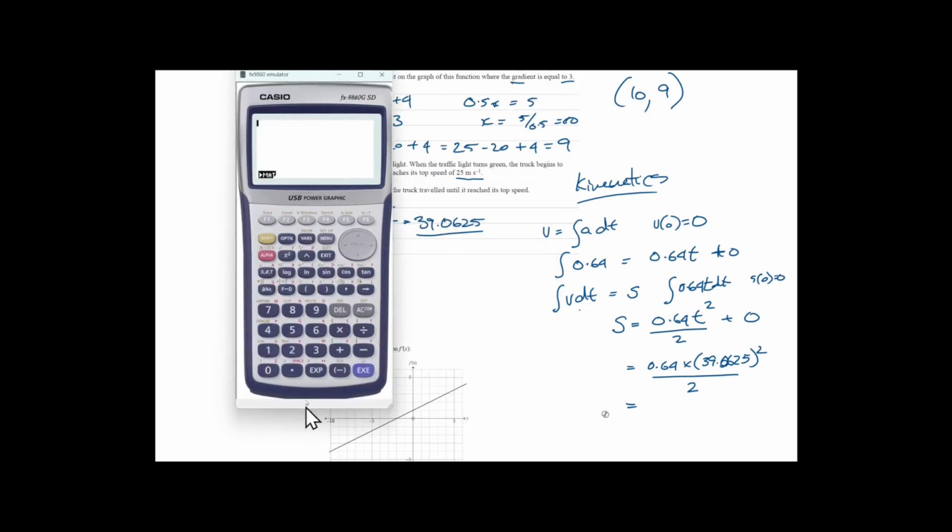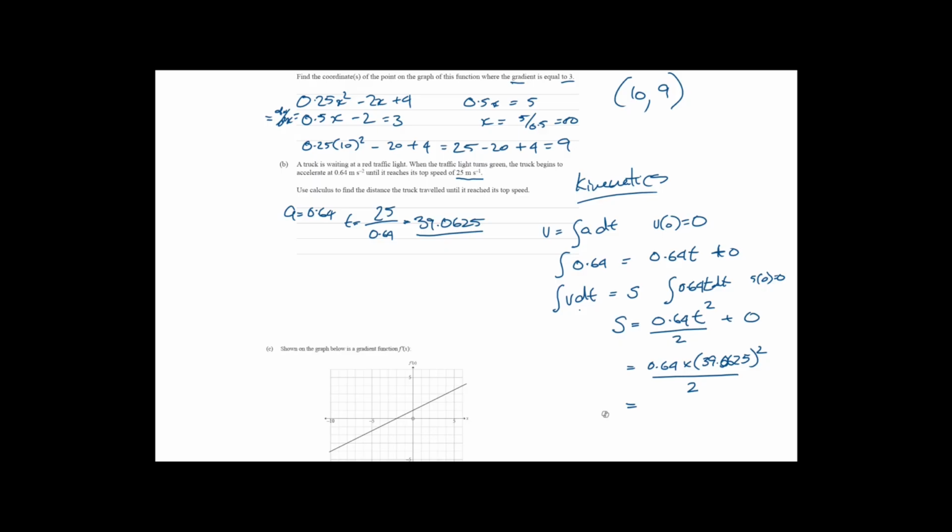Let's clear off the last question. So 0.64 times 39.0625 squared equals that. Divide that by 2. 488.28125, and the unit is meters.